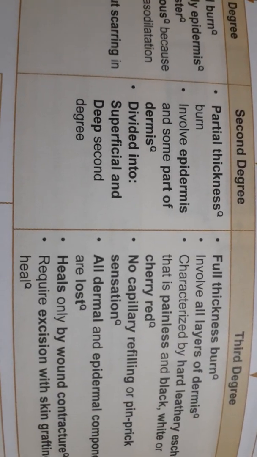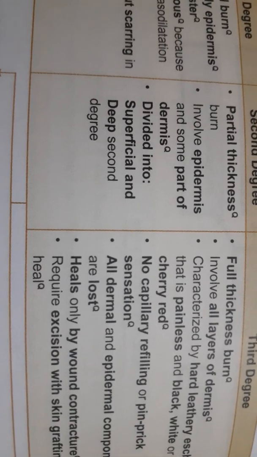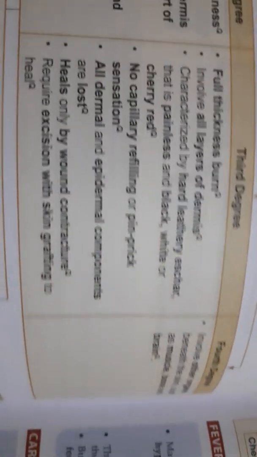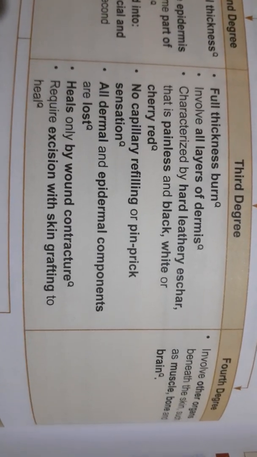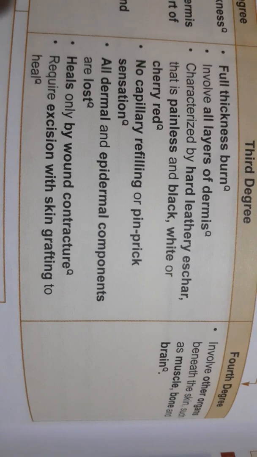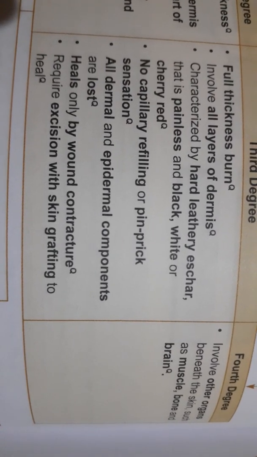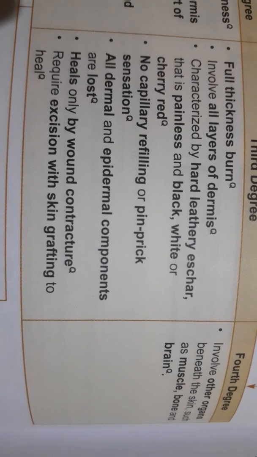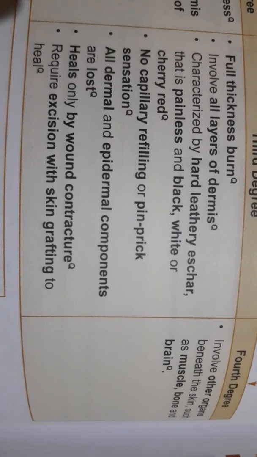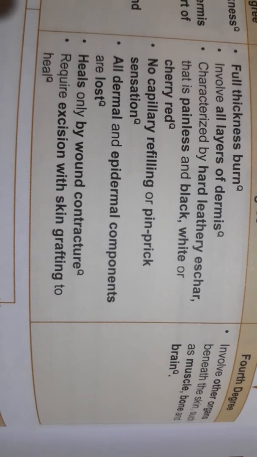Partial thickness burn involves epidermis and some part of dermis, divided into superficial and deep second degree. Full thickness burn involves all layers of dermis, characterized by hard leathery scar that is painless and black, white, or cherry red. No capillary refilling or pinprick sensation.